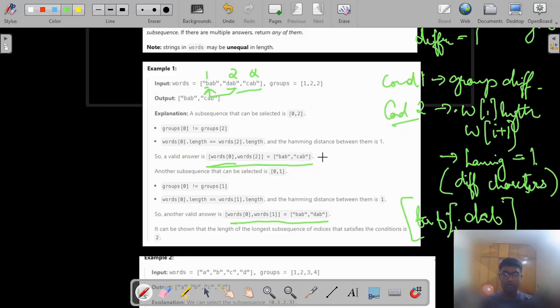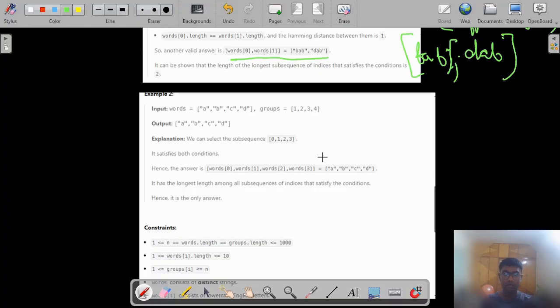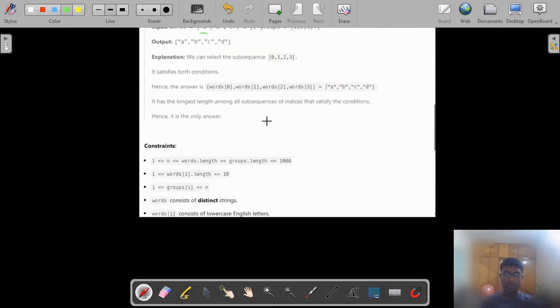Fine. Let's look at example 2, where there are these sets of characters. So the words can even contain strings as we saw before, but there is a specific constraint that we should be aware of.